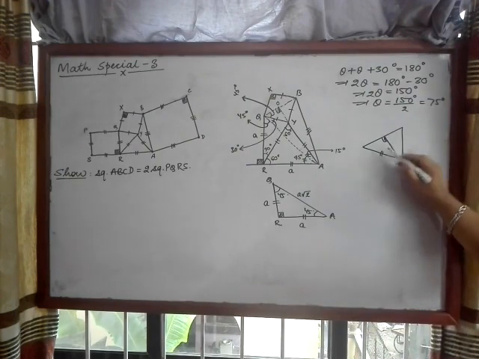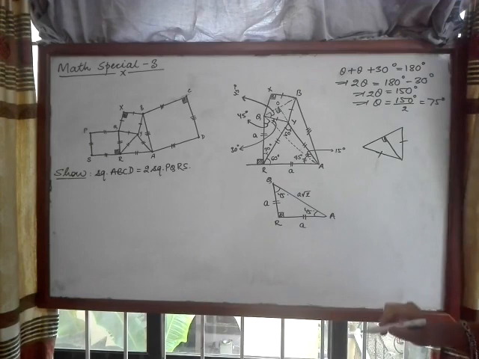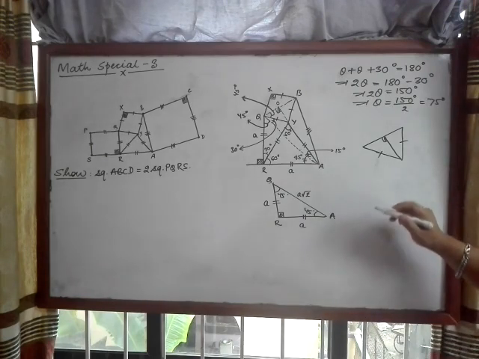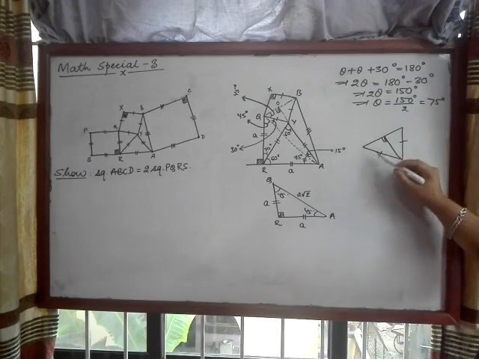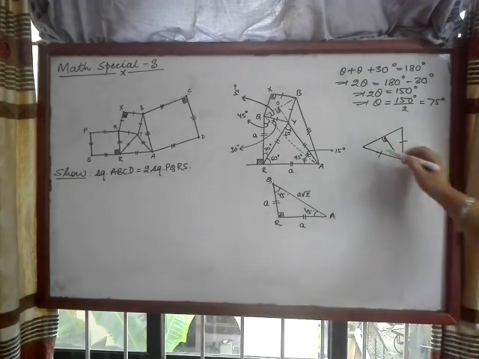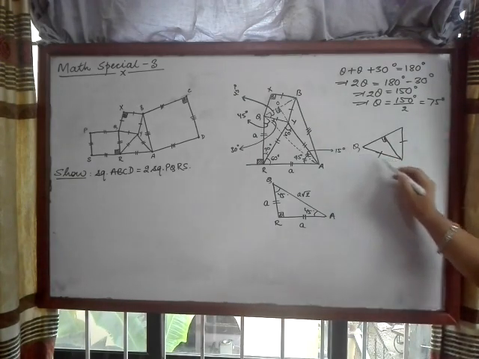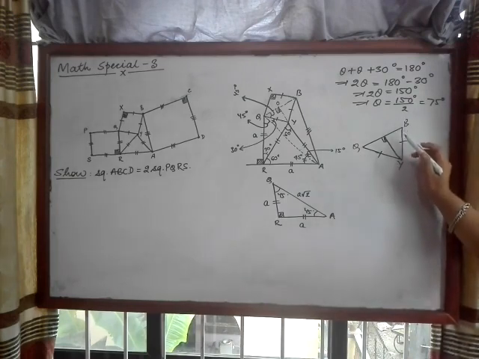This side is equal to this side. By the RHS rule, or rather no need to use the RHS rule, this is an isosceles triangle with this side equal to this side, QYB, with QY equal to BY.